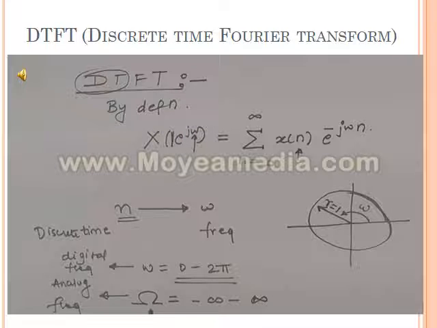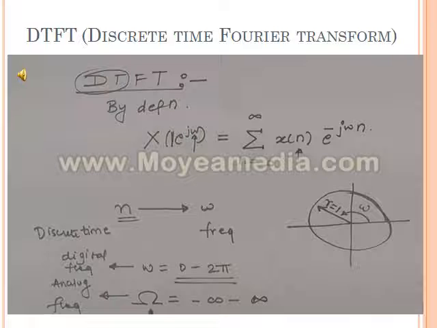So this problem is encountered with DTFT because omega is continuous and it cannot be processed by digital systems directly. So we need to convert this omega into discrete form.